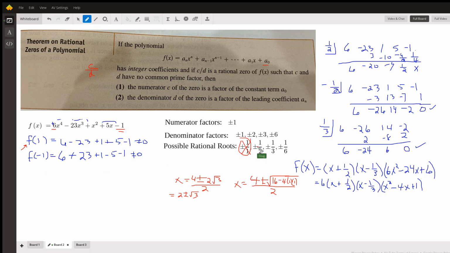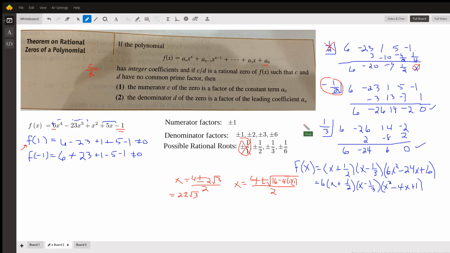Now we might try plus 1/2 with synthetic division. Bring down the 6, multiplying that, we see 1/2 does not give a remainder of 0, so that's out. We try negative 1/2, and we get a remainder of 0, so negative 1/2 is the one negative root.